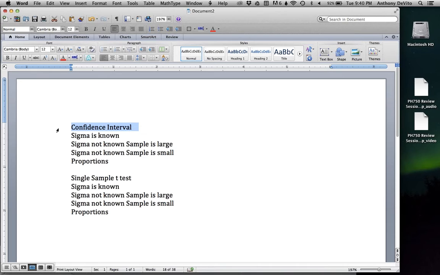So confidence interval is important to us because it gives us a better way to judge how accurately we really know what the mean is when we take a sample.